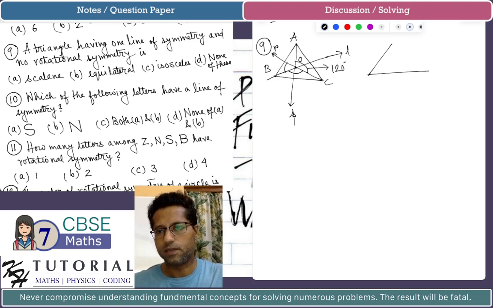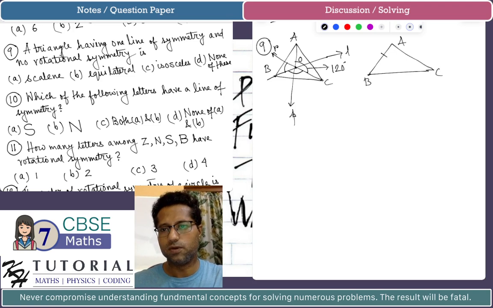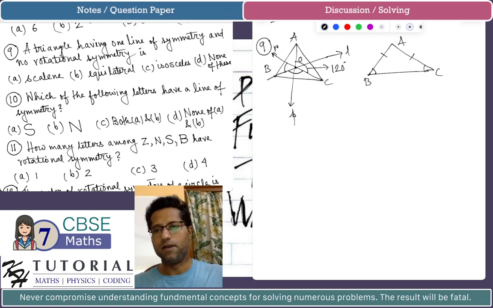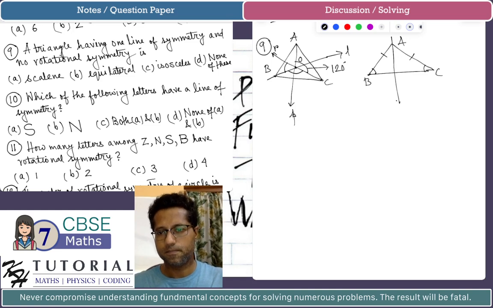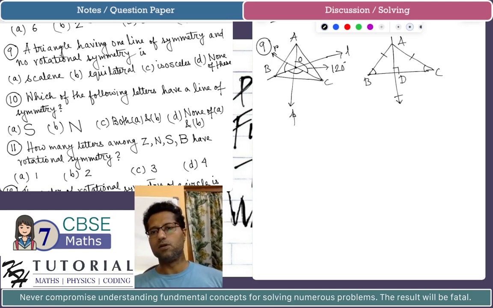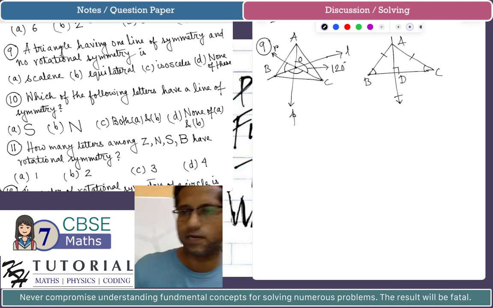You must know that an isosceles triangle, let's say ABC, where AB is equal to AC, has angle B equal to angle C. The line of symmetry for this isosceles triangle is the bisector of the angle A, which, if it intersects the side BC at D, then AD is also the perpendicular bisector of the side BC.